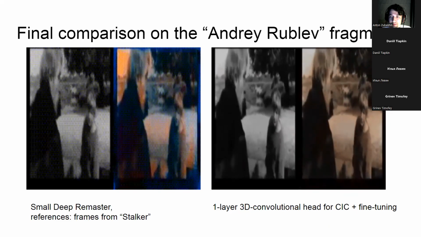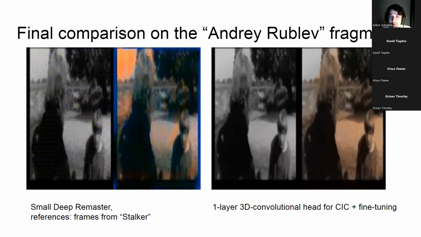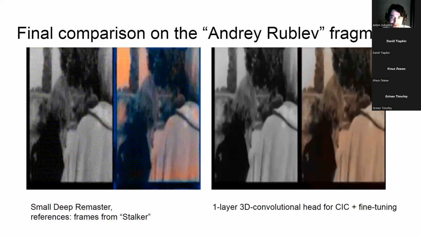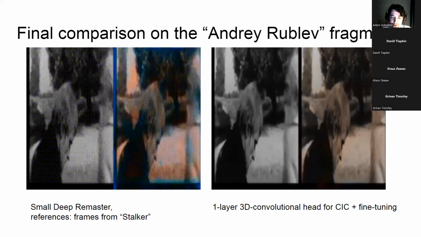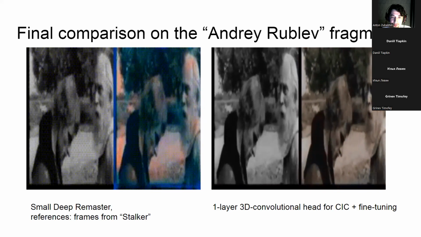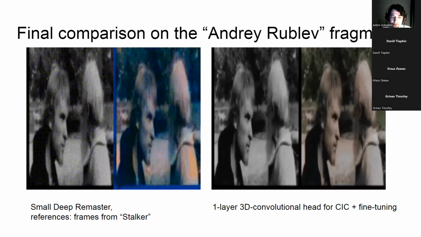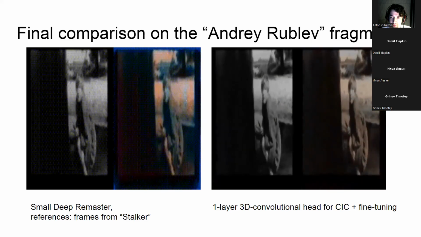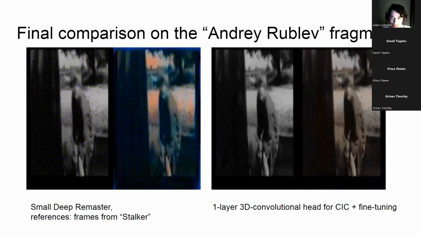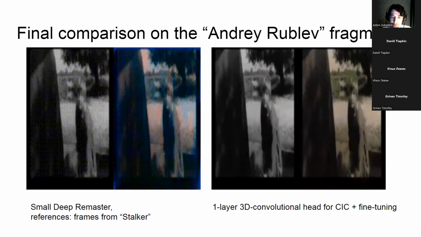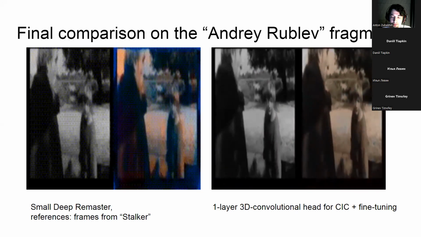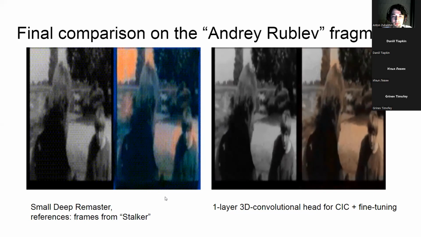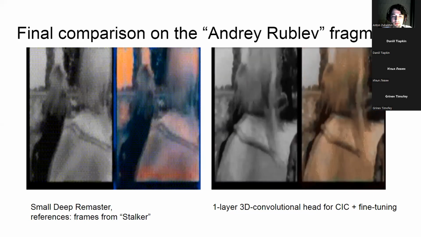We also tested our neural networks on an Andrei Rublev video, a fragment from the film. The first was the small deep remaster net, and the second approach was the 2D convolutional head for CIC with fine-tuning. We can see that, as we think, the small deep remaster network has overfitted on the references from the DAVIS dataset and can't use information from other references to get good colorization quality, and the image is flickering from time to time.